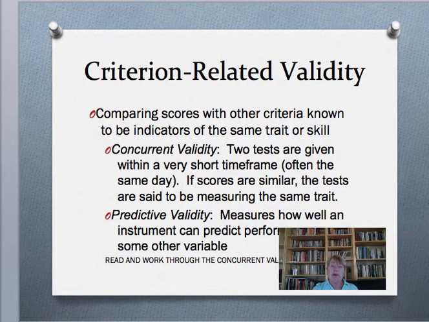So criterion-related validity, if you look at exercise 5, is not as simple to talk about as reliability. With reliability, we know that the correlation figures have to be 0.85 or better in order for the test to be considered reliable.